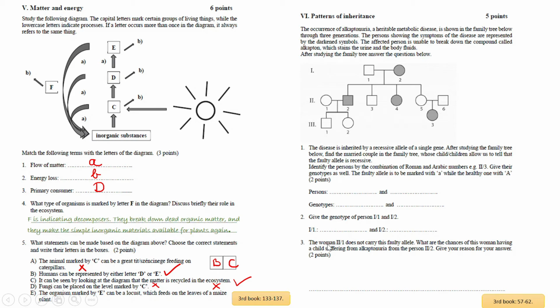Patterns of inheritance. The occurrence of alkaptonuria, a heritable metabolic disease, is shown in the family tree below through 3 generations. The persons showing the symptoms of the disease are represented by the darkened symbols. The affected person is unable to break down the compound called alkapton, which stains the urine and the body fluids. After studying the family tree, answer the questions below. The disease is inherited by a recessive allele of a single gene.